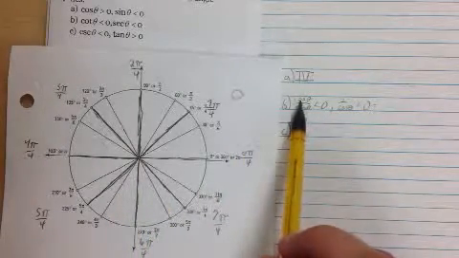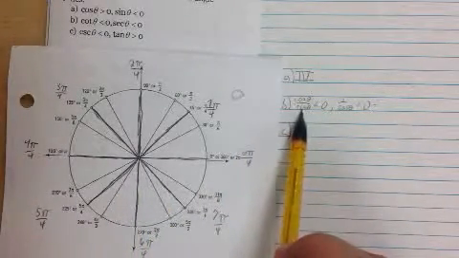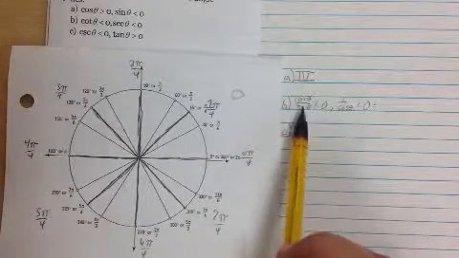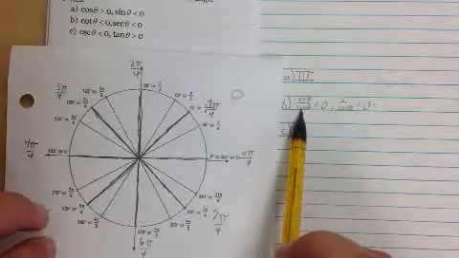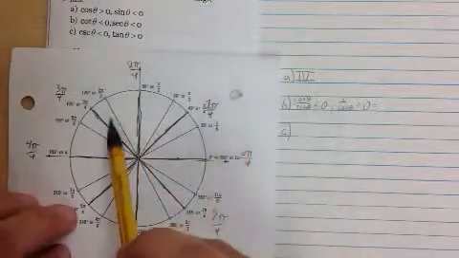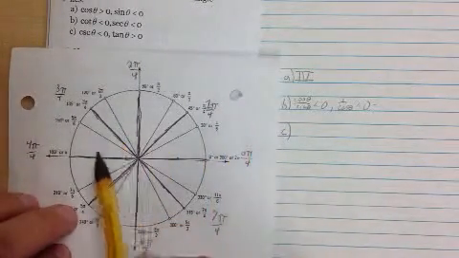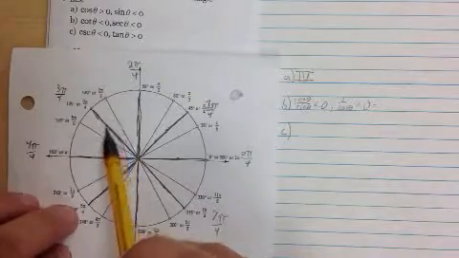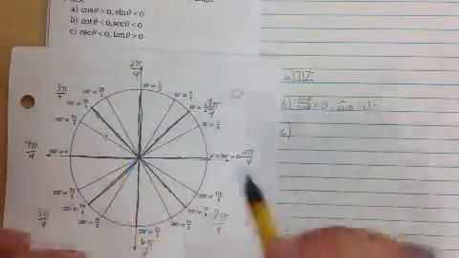Now, because this is negative, sine is going to have to be positive in order for this to stay true. So, sine is positive in this quadrant while cosine is still negative. Therefore, this is our answer, and that is quadrant number 2.